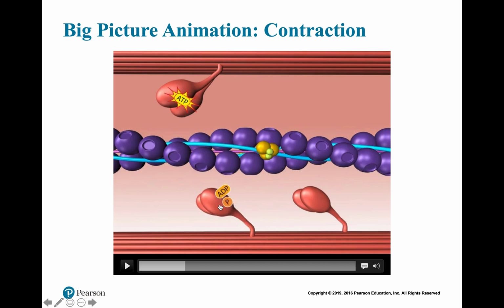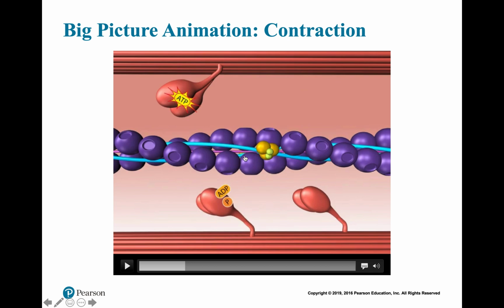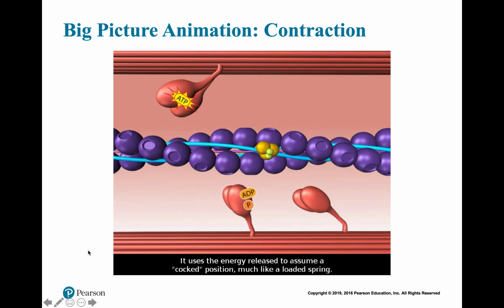That cleavage, that hydrolysis releases energy, and that energy is what's going to fuel this cross-bridge formation, okay? So that energy that gets released when the splitting of that bond happens drives this process.